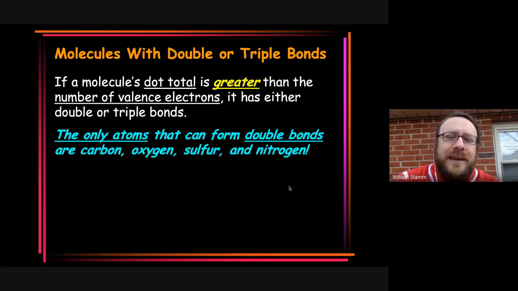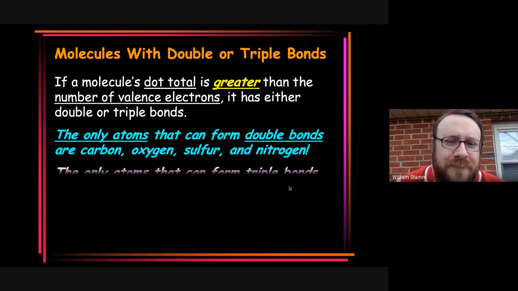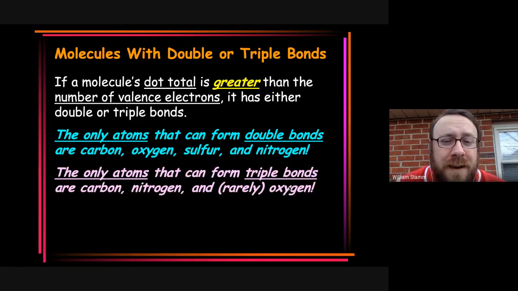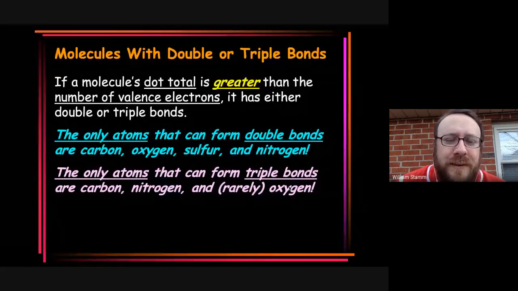The only atoms that can form double bonds, and this is a key thing because you can't make a double bond on certain elements, so you don't even try, are usually carbon, oxygen, sulfur, and nitrogen. For triple bonds, the only ones that can do it are carbon and nitrogen, and sometimes oxygen, but we're probably not going to see that. So carbon and nitrogen are the key points here.